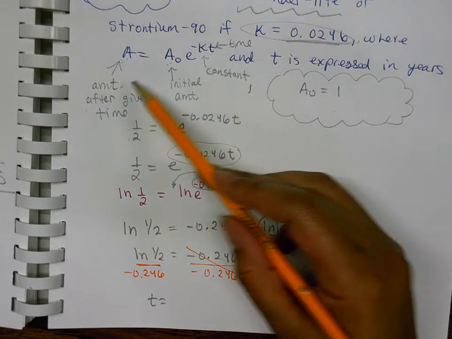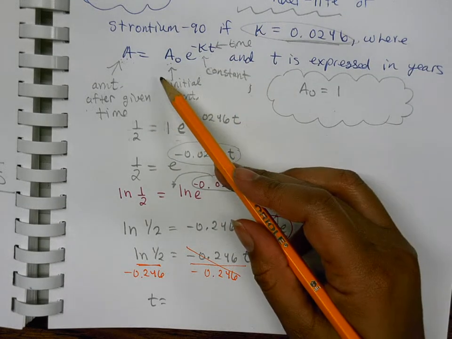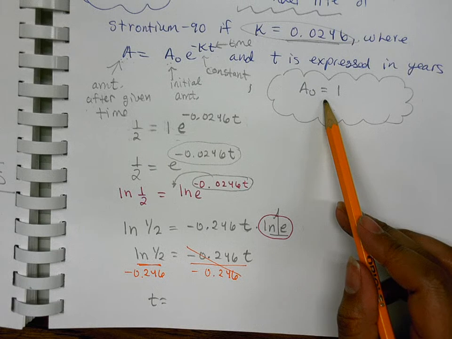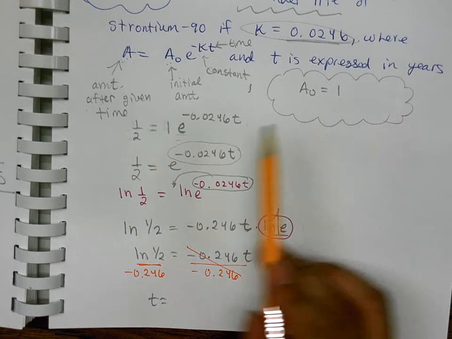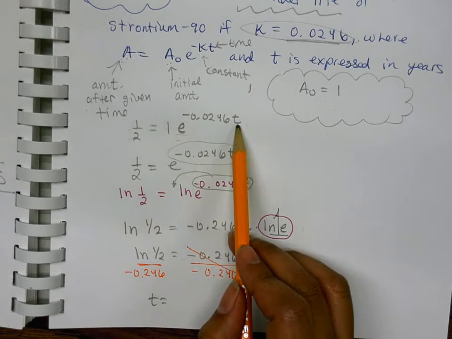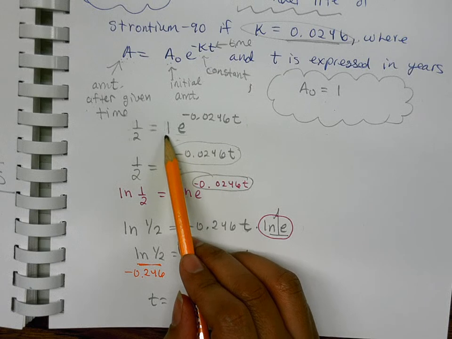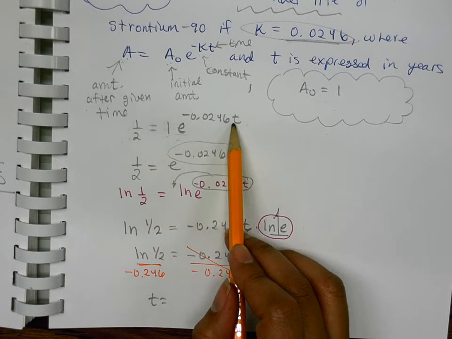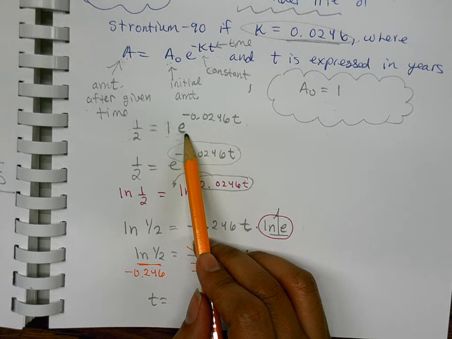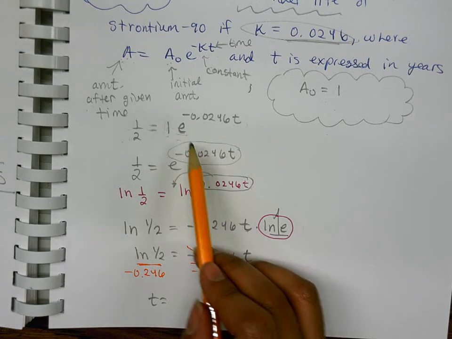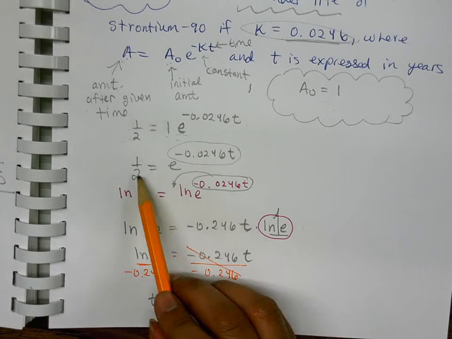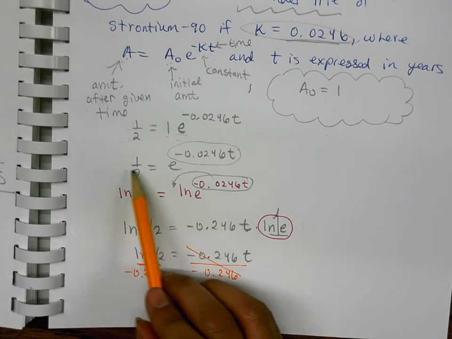I'm just going to go through quickly and explain one more time. Use the given formula, and because they didn't give me the initial amount, I will always make the initial amount 1 unless it's stated otherwise. It asked us how long does it take for us to end up with half of what we started with, and half of 1 is a half. Plugged in K, I'm looking for T. And e is simply a number in my calculator. I'll worry about it later. Drop the 1 or think of dividing by 1, however you think of it.